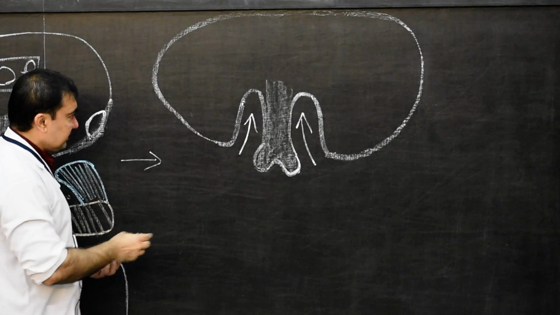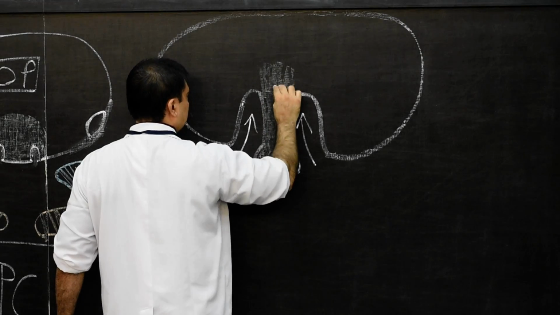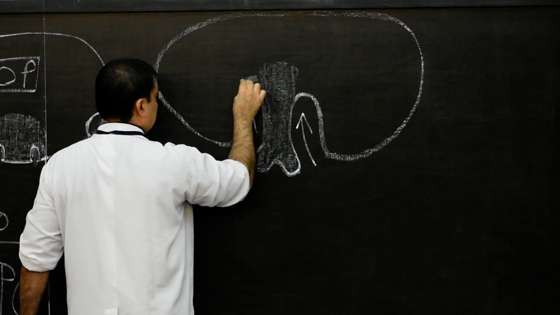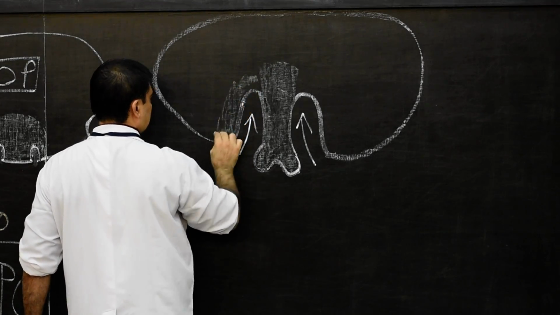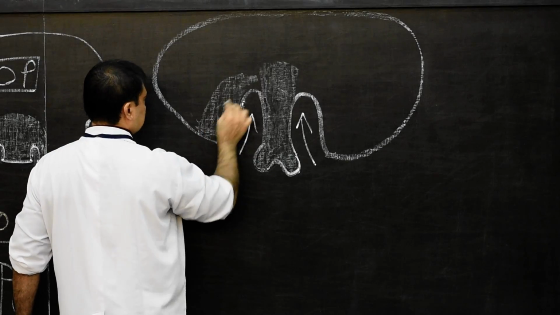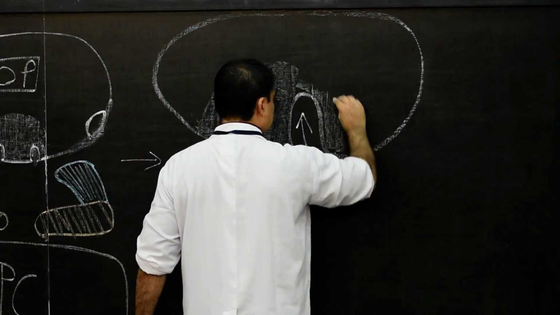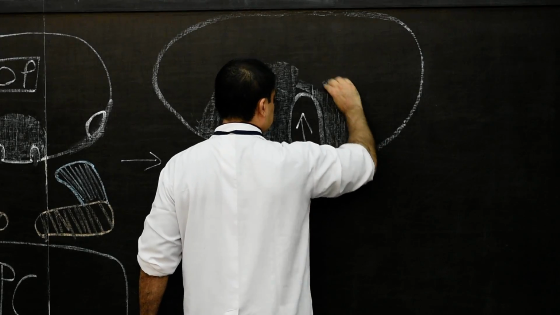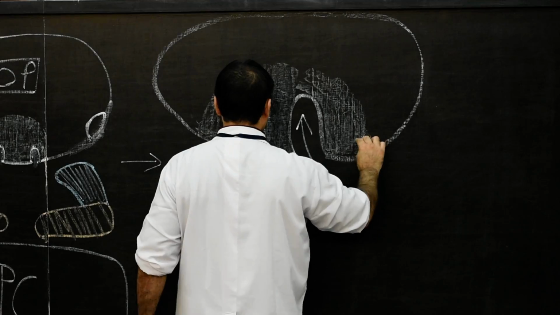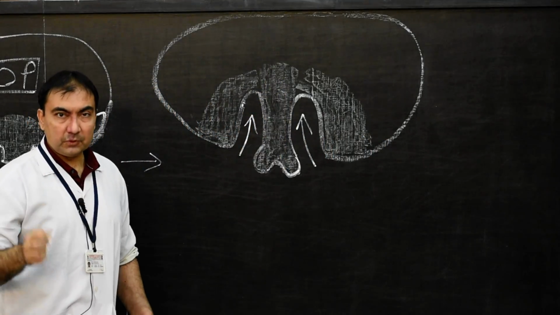Now the entire frontonasal process will divide into two parts. This is part number 1, and here this will be part number 2. Here also, this one which I am coloring will be the lateral nasal process, part number 2, and part number 1, this is the median nasal process.